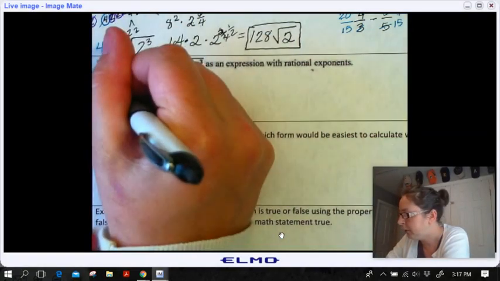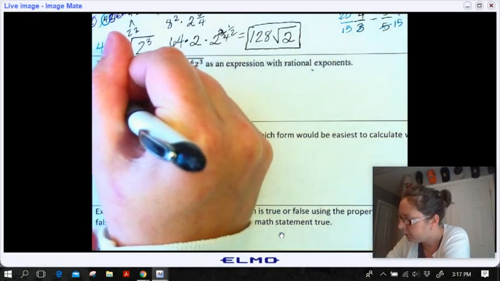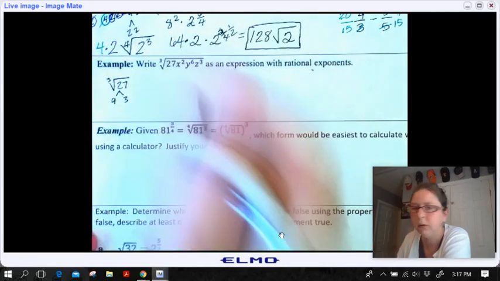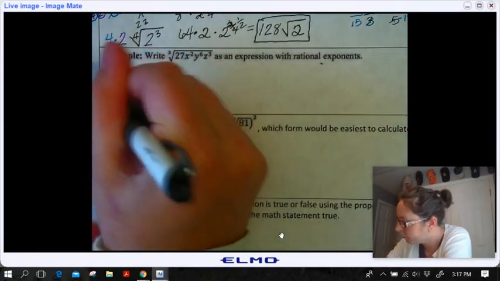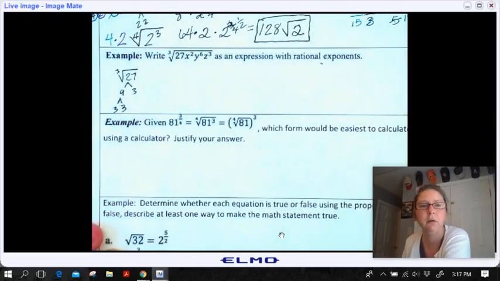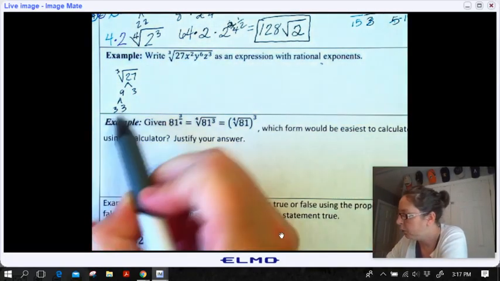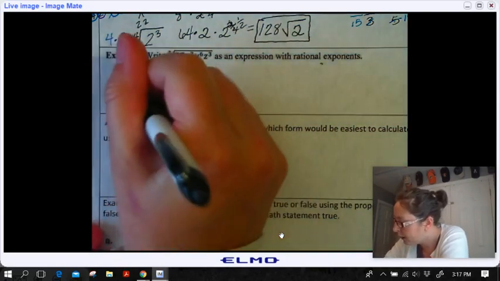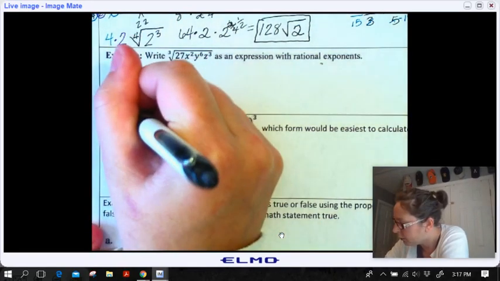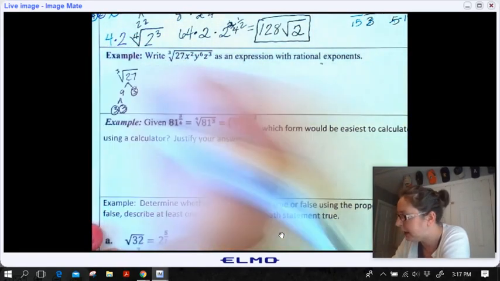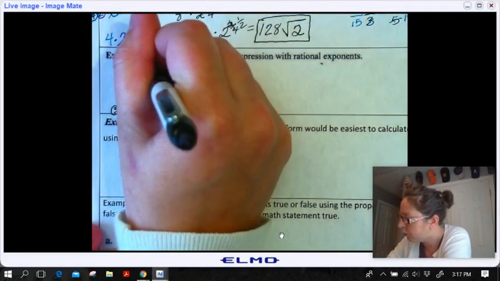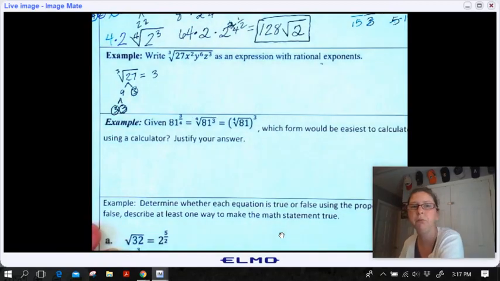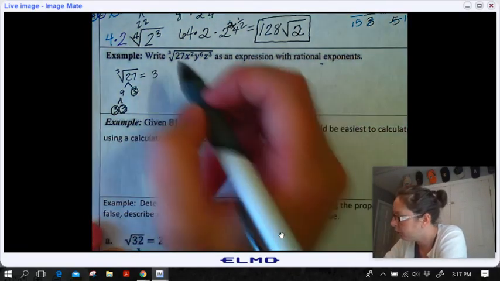Well, 27 is the same as 9 times 3. And then you can break that 9 down some more. 3 times 3. So I have 1, 2, 3 3s. Well, 3 is the exact number that I needed. Okay? So that equals just 3. So I've simplified my numbers.